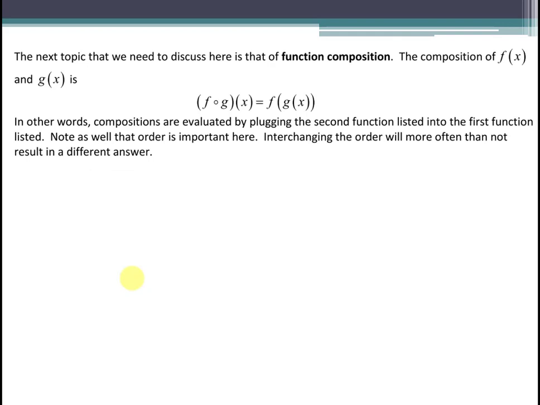The next topic that we need to discuss here is function composition. The composition of f of x and g of x, we call this one the composition of two functions.